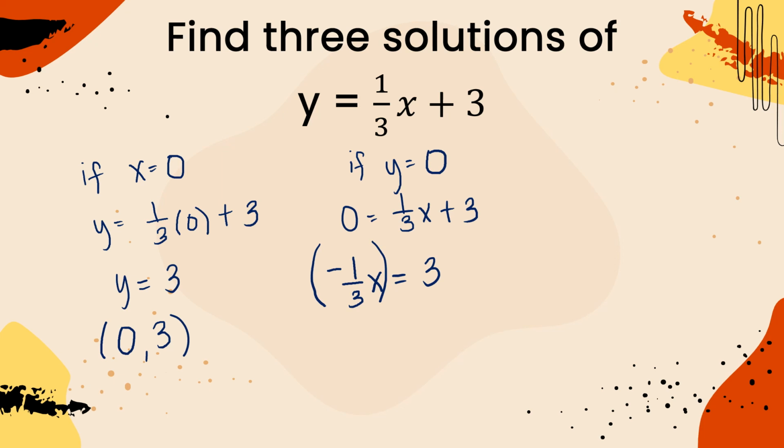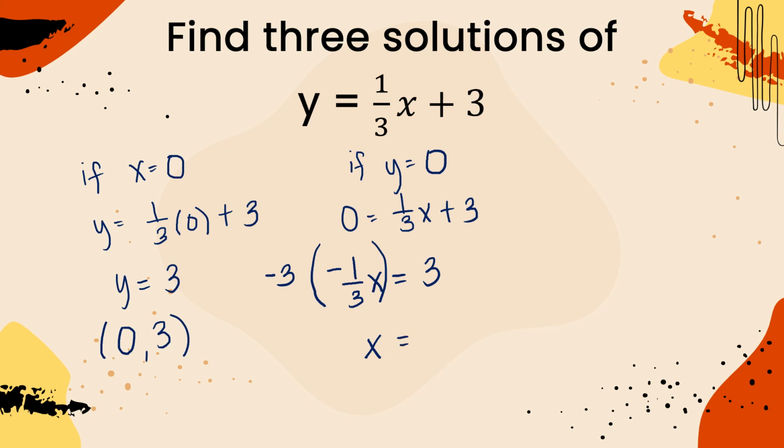Pero this time, siya ay nasa denominator yung number. So, we are going to multiply it by its reciprocal, which is 3. And para maging positive si x, multiply natin by negative 3. So, negative 3 times negative 1 will give us 3. Positive na ngayon si x divided by 3. So, we have x or simply 1x or simply x.